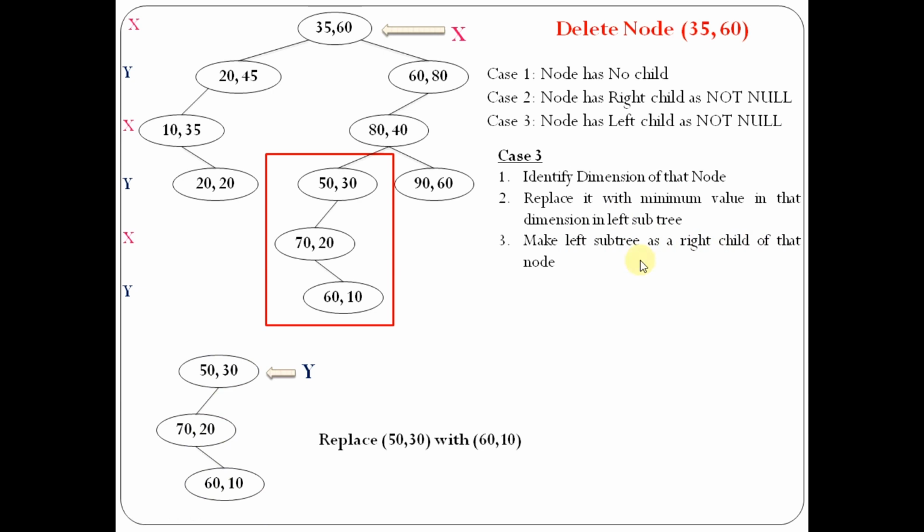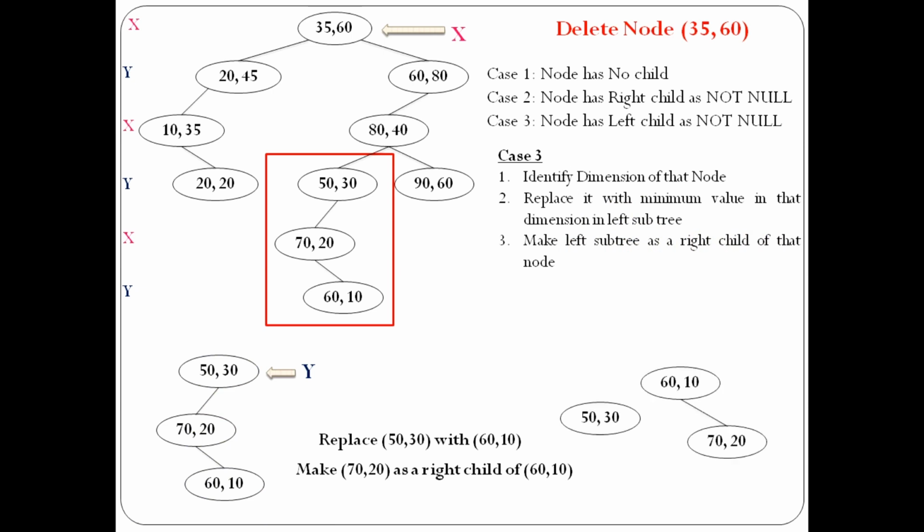So we replace (50, 30) with (60, 10) and make (70, 20) a right child of (60, 10). After applying all three steps, this particular tree looks like this. Here we remove the node (50, 30), it is replaced by (60, 10), and the left child becomes the right child.